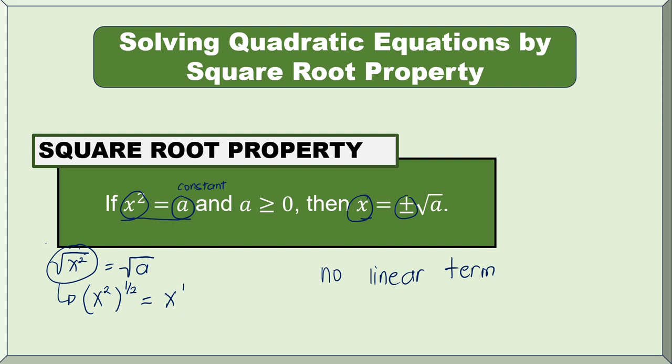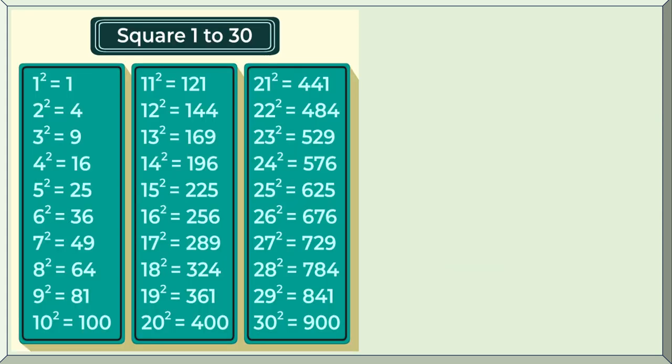And in solving quadratic equations by using square root property, it is also important to recall the perfect square numbers so we can easily get the square root of a number. For example, we have here 1 squared or 1 times 1 equals 1. The square root of 1 is 1.